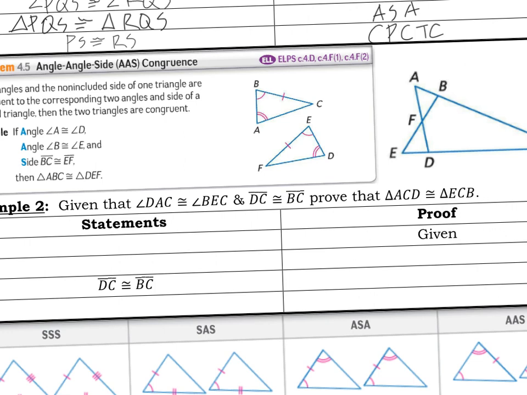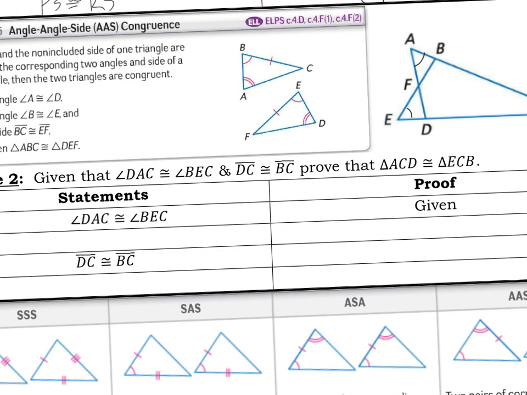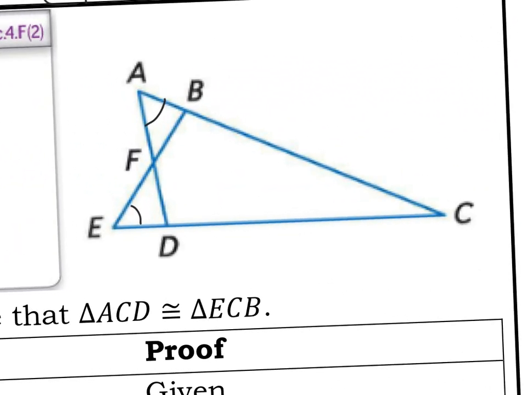So if it's kind of mixed up, then I feel like it confuses people more. So long story short, I'm going to write this, angle DAC is congruent to angle BEC, in this first line. Okay, so with that given, what we've established is these angles of the triangles are congruent.